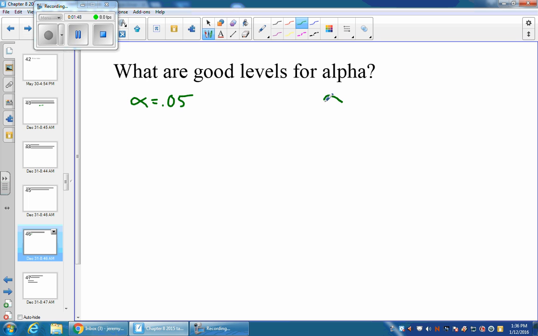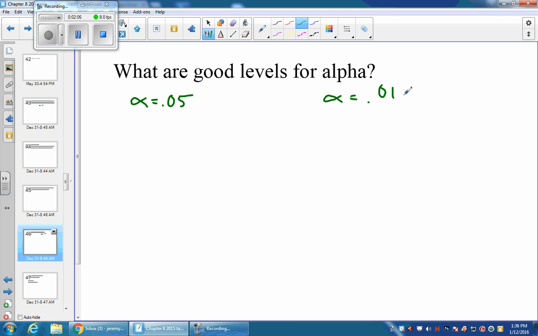However, if you are working at Medtronic, you don't want your heart devices to fail 5% of the time. If you're putting something in somebody's body, you want a much lower significance level.